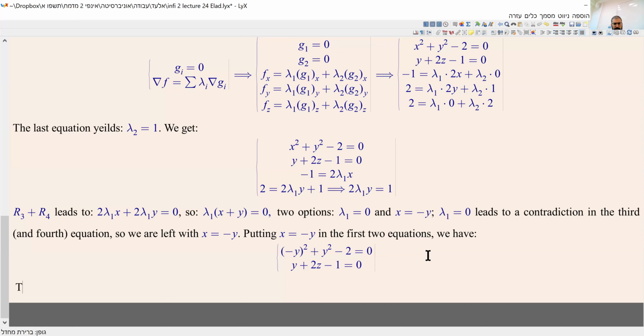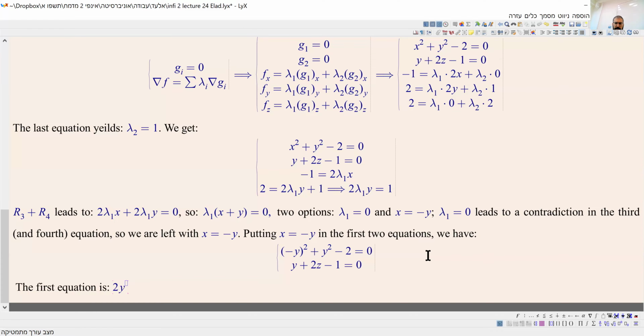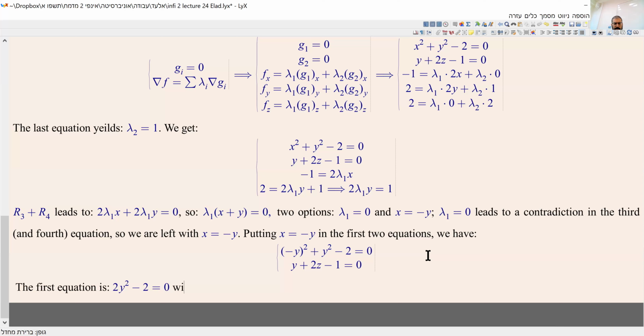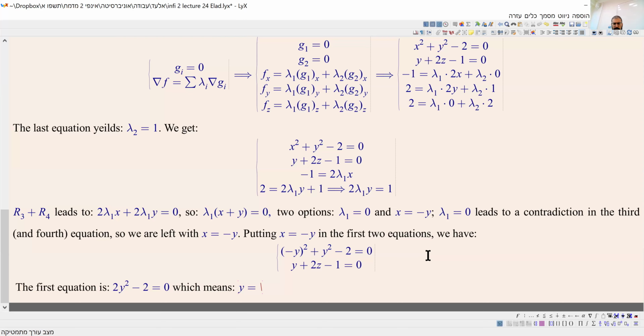First equation is 2y squared minus 2 is 0, which means that y is plus or minus 1.